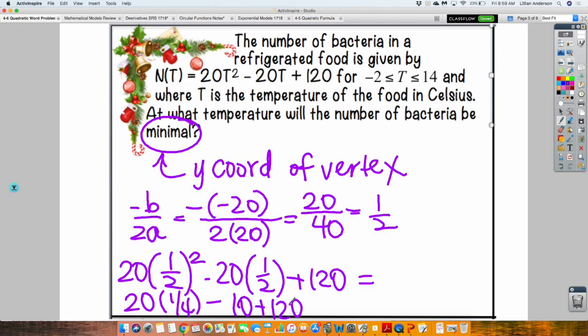Plus 120 is 115. So that's how many bacteria you're going to have, the minimal amount of bacteria in this food.